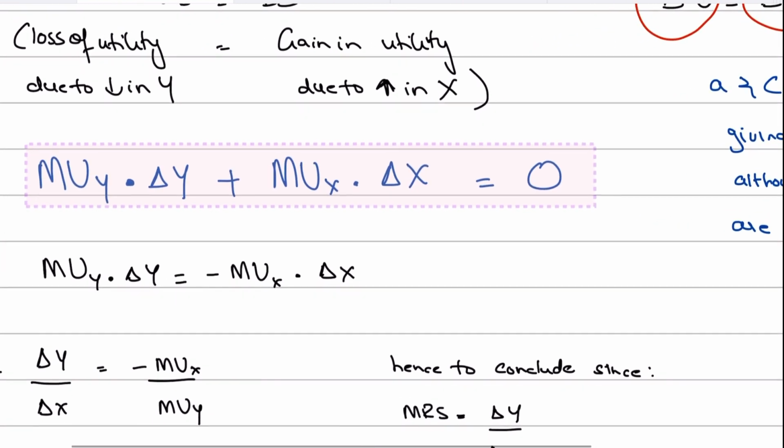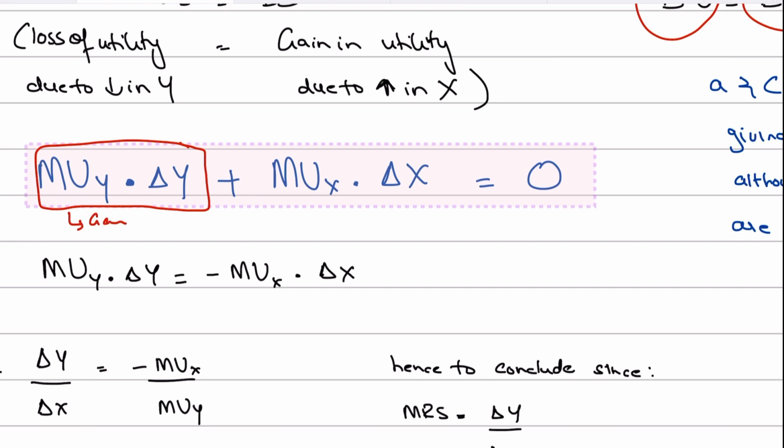Now, I could write this formula by saying that MUY times change in Y is telling us the loss in total utility from consuming less of Y, and if I add to that the gain in utility from consuming more of X, since both of them offset each other, if I add them up, the total should be zero.